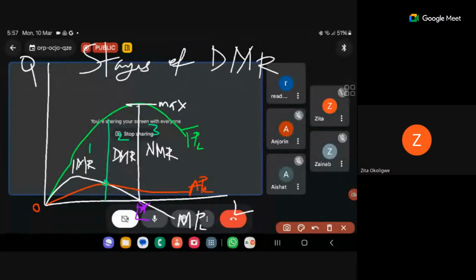TP rises at an increasing rate when MP is rising, and at a decreasing rate when MP is falling.